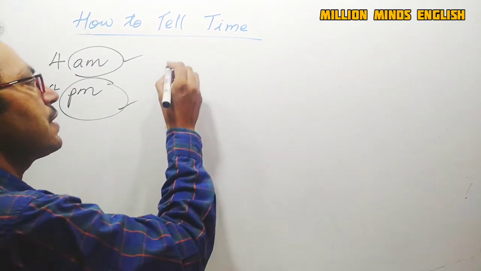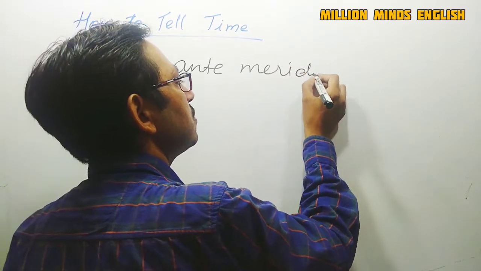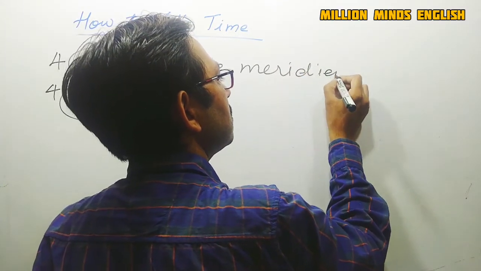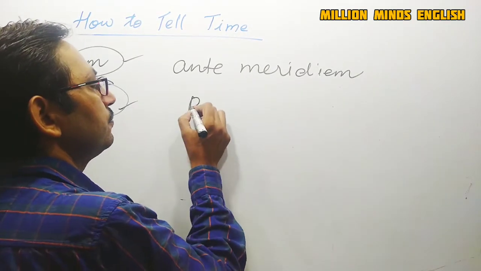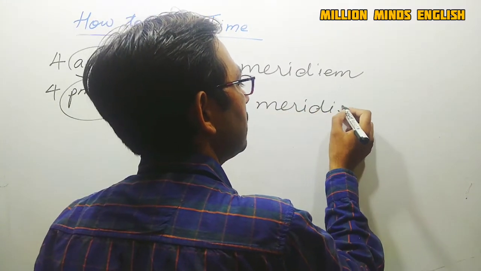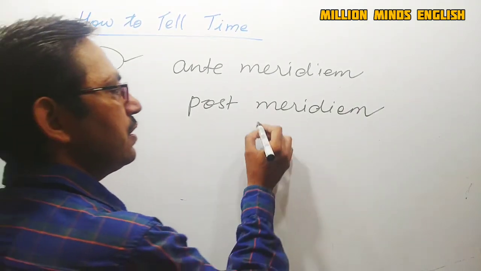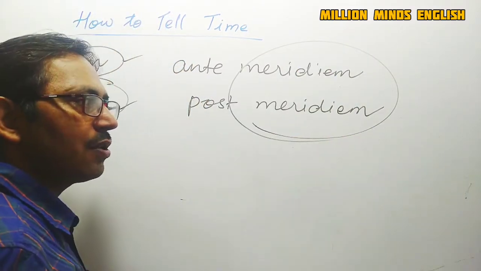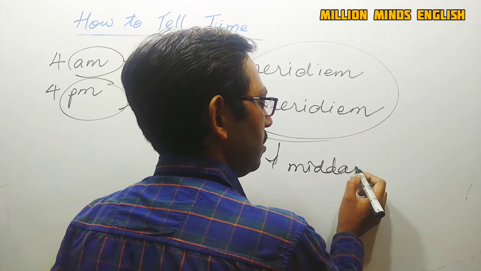Friends, AM means ante meridian and PM means post meridian. Friends, the word meridian represents midday. Meridian is a Latin word. It represents midday, the time of midday.